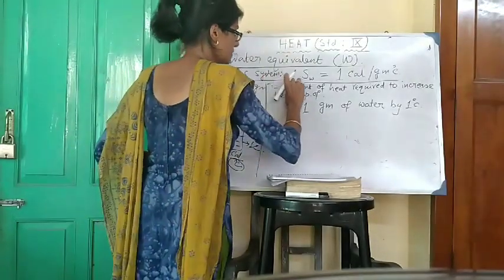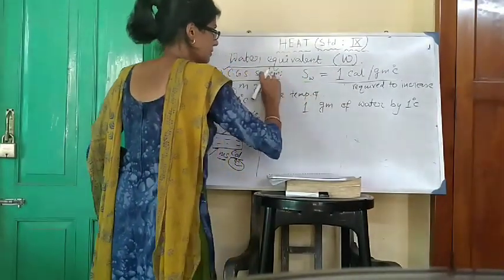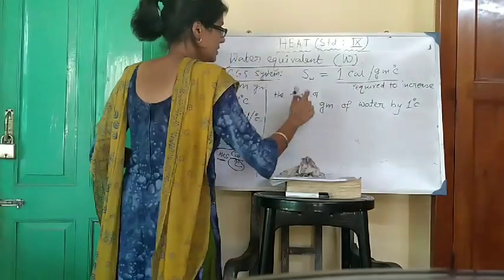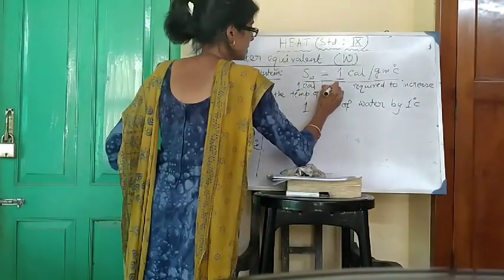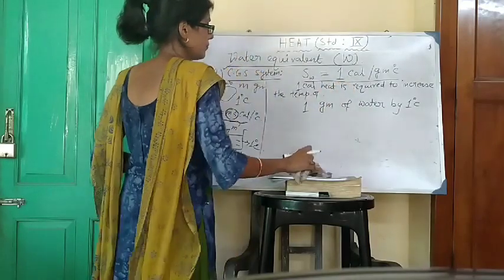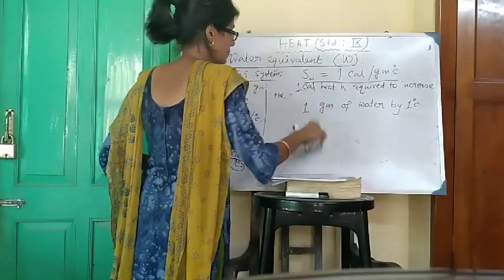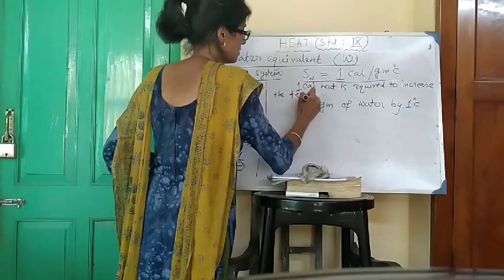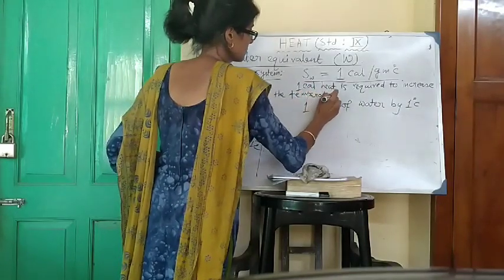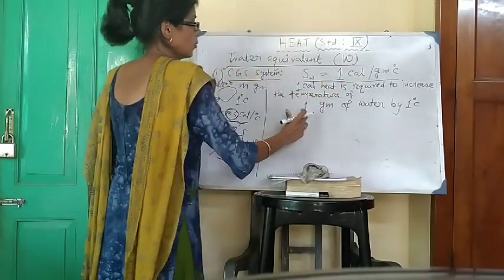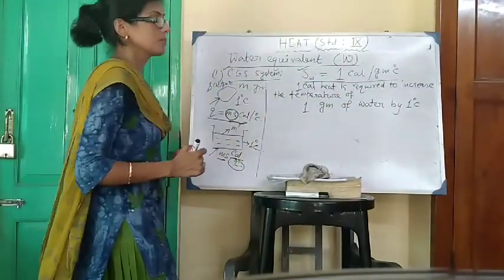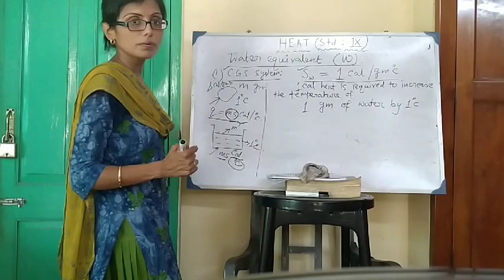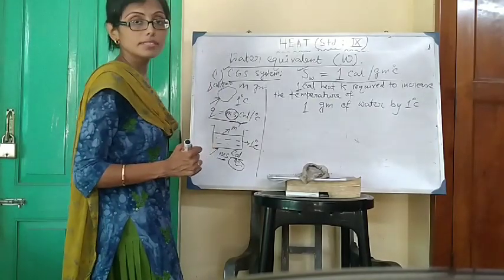What is that amount of heat? Instead of the amount of heat, we can write that 1 calorie heat is required to increase the temperature of 1 gram of water by 1 degree centigrade. That is the meaning of the specific heat of water, that is 1 calorie per gram degree centigrade.